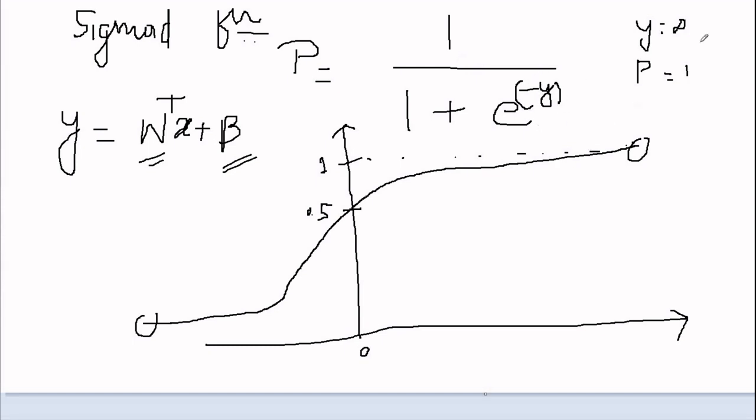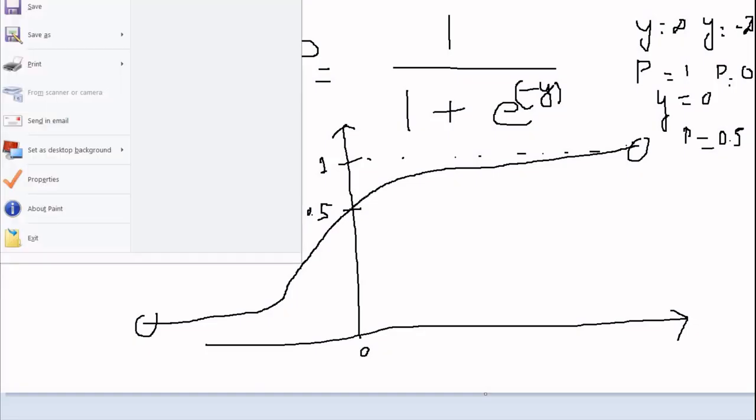Now when y is minus infinity, e to the power infinity is infinity. 1 plus infinity is infinity. P becomes 1 by infinity, which is equal to 0. Now when y is equal to 0, e to the power 0 is 1, 1 plus 1 is 2, p becomes 0.5.